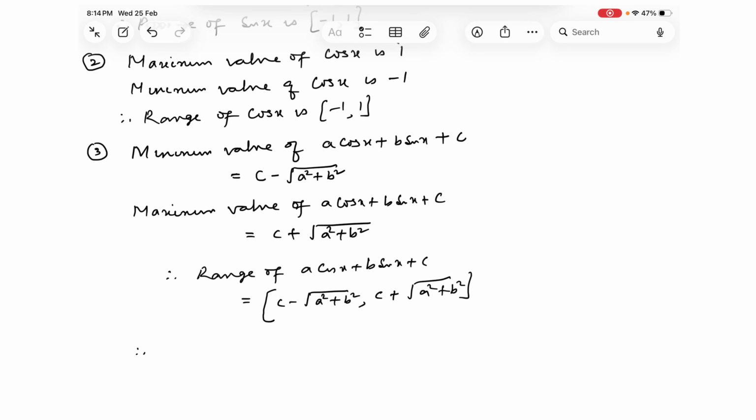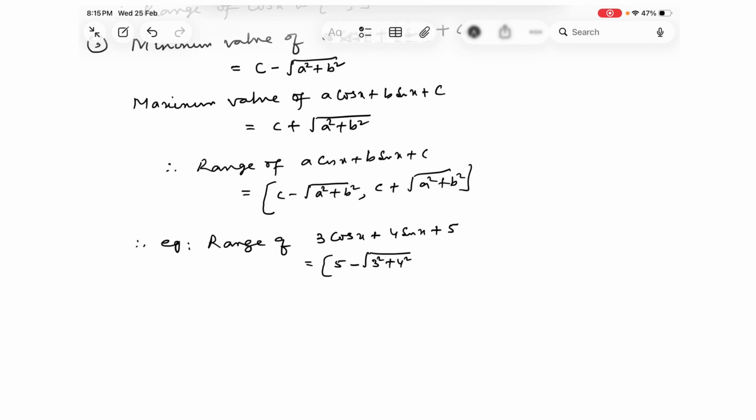Now for example, the range of 3 cos x plus 4 sin x plus 5 will be equal to 5 minus root of 3 square plus 4 square, 5 plus root of 3 square plus 4 square, which is equal to 5 minus 5, 5 plus 5, since root of 3 square plus 4 square again becomes 5.